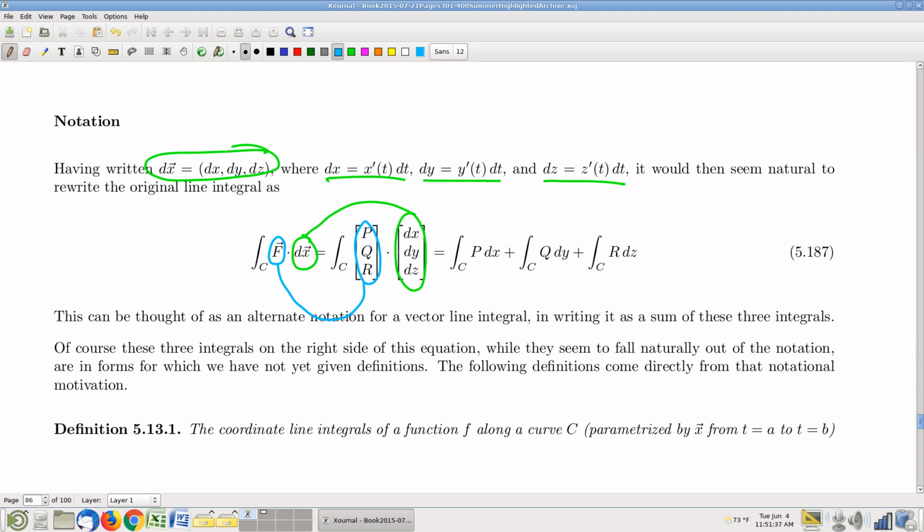And now that we have dx written in coordinates, I actually have the option of cranking out this dot product. Weird though it might seem to do, let's go ahead and do that.